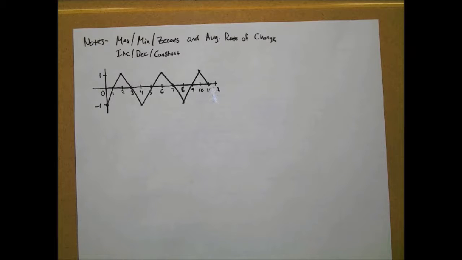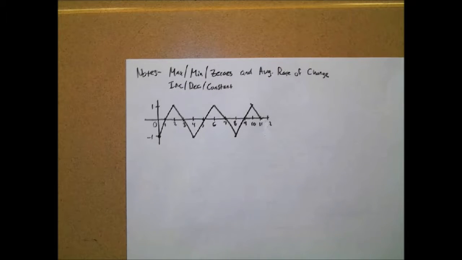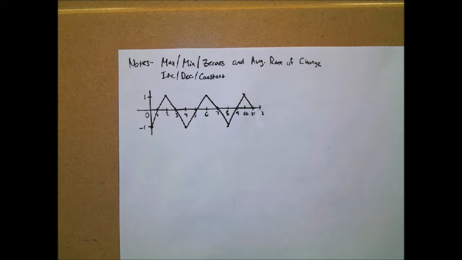So let's actually start with increasing and decreasing. Does this function increase anywhere? Yes. So how can we describe where it's increasing? Let's think about where it starts to increase. Give me a value where it starts to increase.